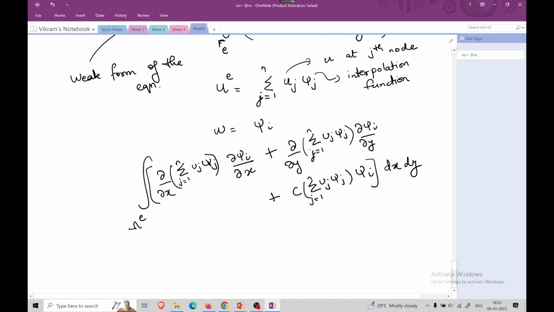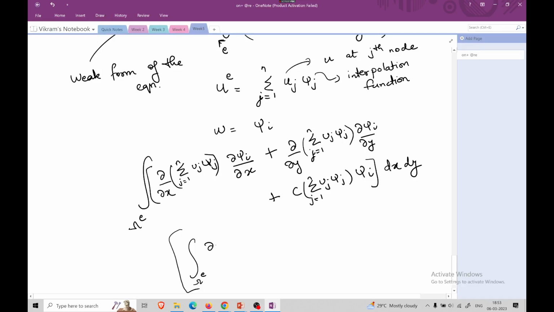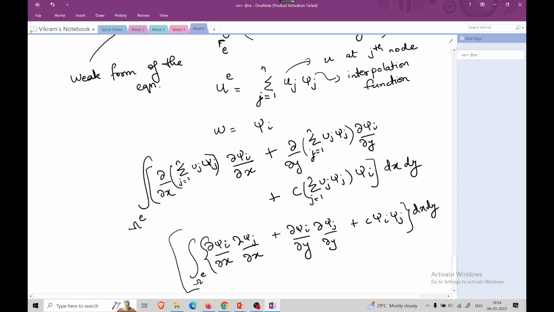So uj I can take common outside: summation j equal to 1 to n of uj into the integral of dou psi i by dou x dou psi j by dou x plus dou psi i by dou y into dou psi j by dou y plus c psi i psi j, integrated over dx dy over the domain.